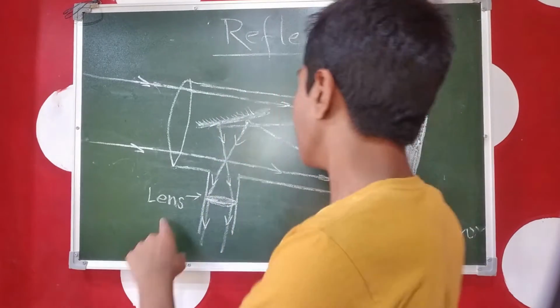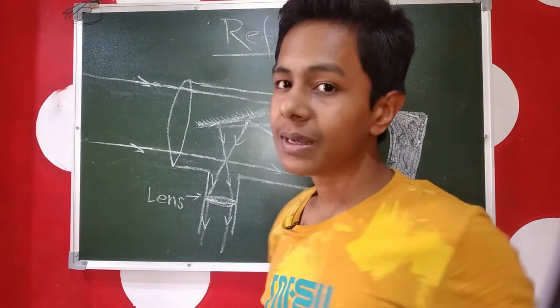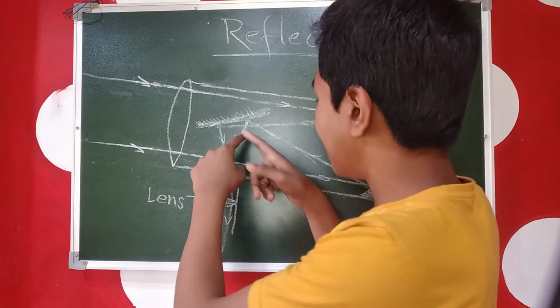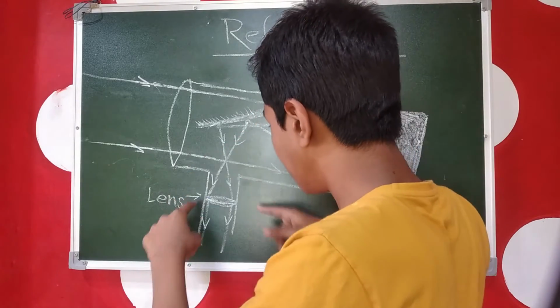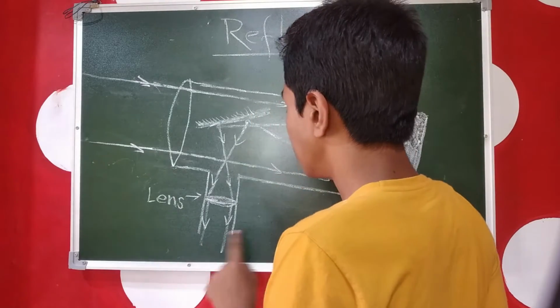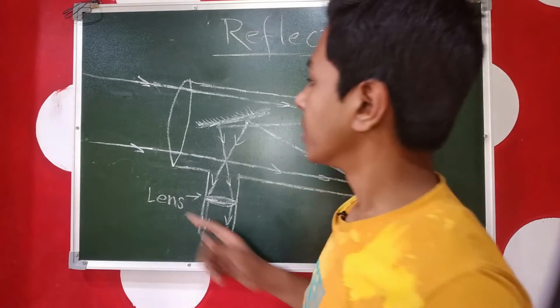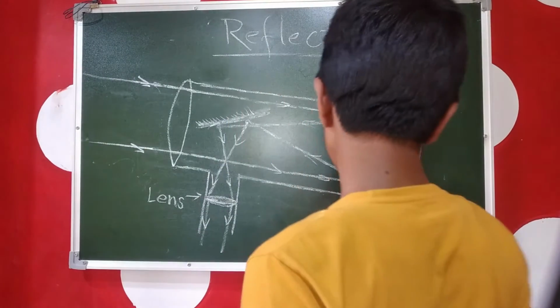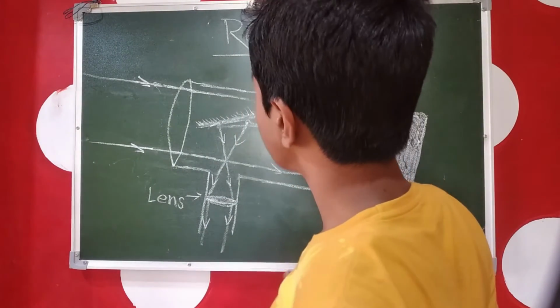So for making a spreading light parallel, what do we use? Yeah, we use a lens, a convex lens. So a convex lens is used. Light comes like here, diverging, and it makes it parallel, and here we look at the distant star in the sky. So I hope you understood this.